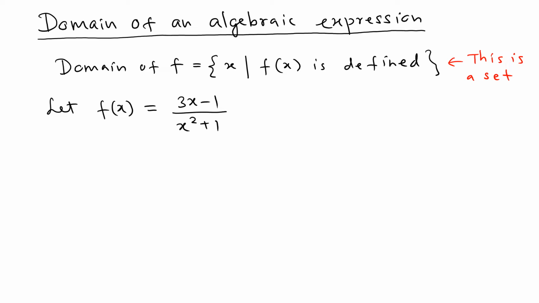If you look at this expression, you can think of what values you can plug in, and you can see that the denominator never becomes 0 because x squared plus 1 never equals 0. So in this case the denominator does not create any restrictions, which means you can plug in any value for this function.